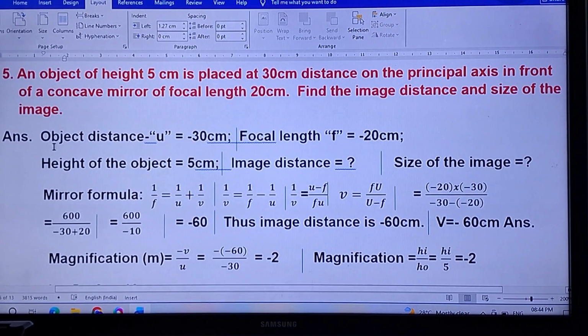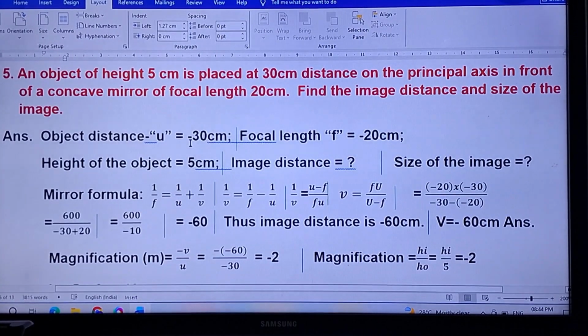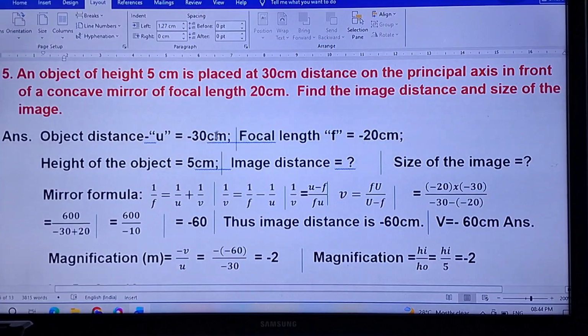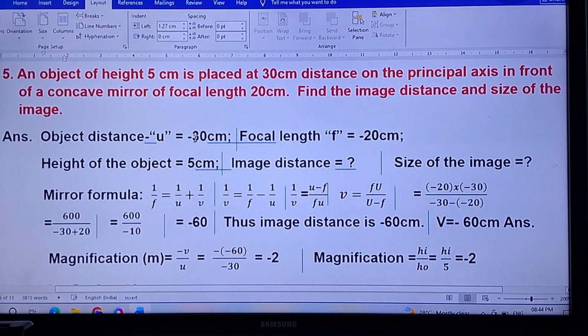So what is given, I have written here, children. Object distance u is minus 30 centimeters. Here they have given 30 centimeters, I took it as minus 30 centimeters. Why? Because of the sign conventions which you have learnt.